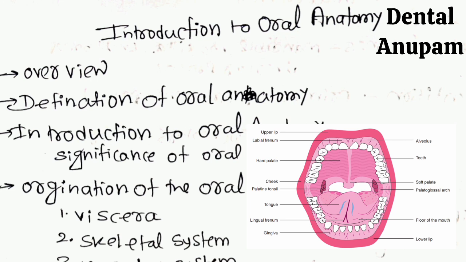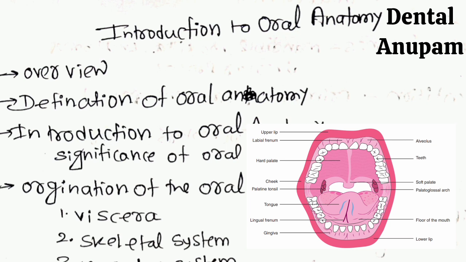Now go to the definition of oral anatomy. Anatomy is a Greek word. Ana means apart or separate. Tome means to cut open or to cut apart. So anatomy is a branch of biology and medicine that deals with the structures of living things, any living things.